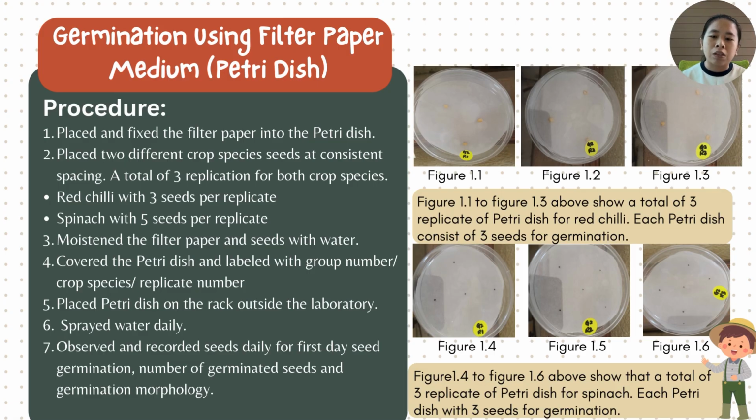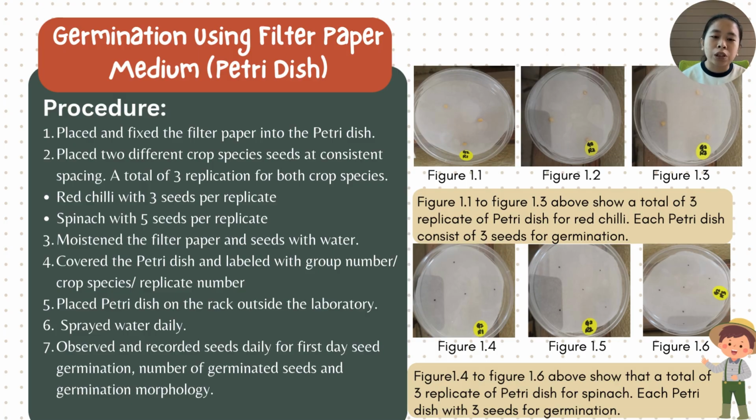After that, moisten the filter paper and seeds with water. Then cover the petri dish and label it with group number, crop species, and replicate number. Place the petri dish on the rack outside the laboratory and spray water daily, or depending on the water condition of the seeds. After that, observe and record daily the first day of seed germination, number of germinated seeds, and the germination morphology.